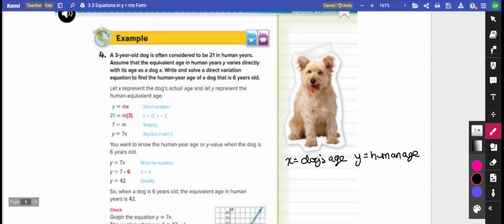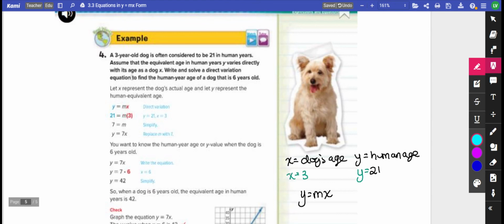So if we know that a 3-year-old dog is considered to be 21 in human years, I know x equals 3 and y equals 21. So if I have the equation y equals mx, I'm going to plug in 3 for my x value and 21 for my y value.